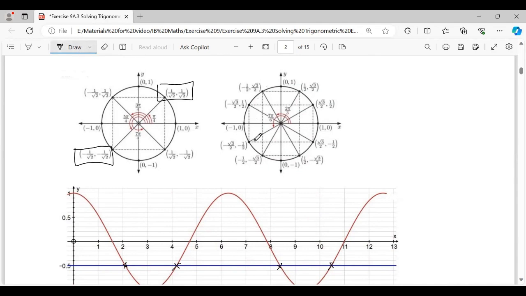Sine negative square root 3 half. This one, 8 over 6 pi. And as well, negative, and this one, 8 over 6, and then 10 over 6.